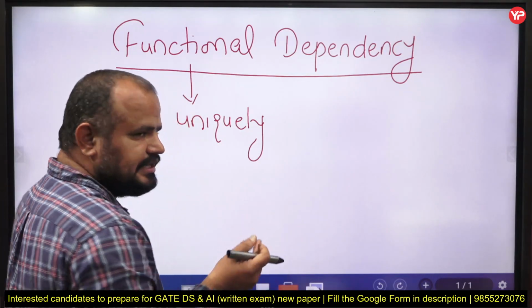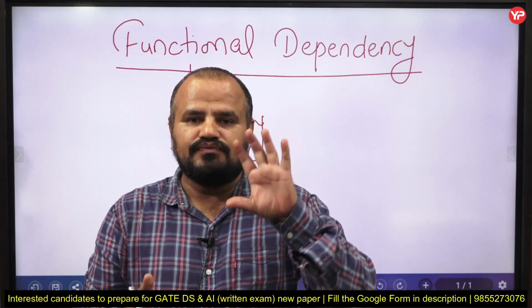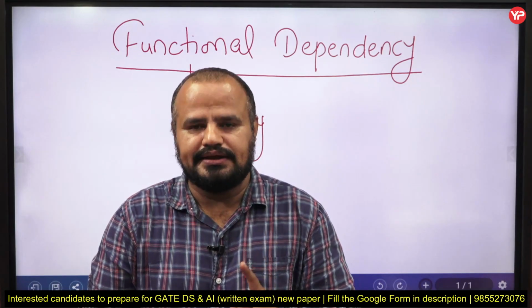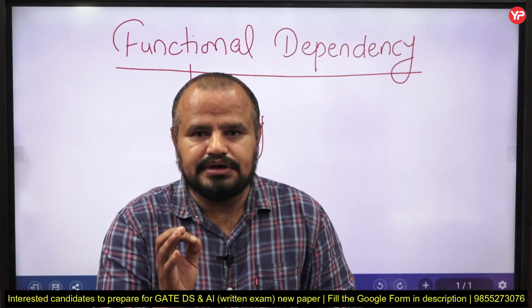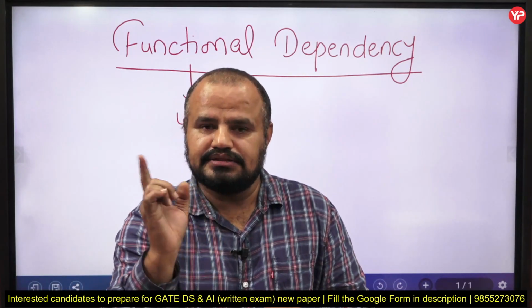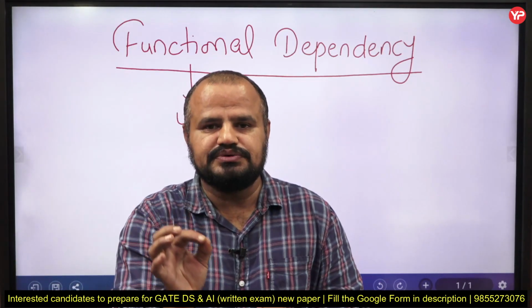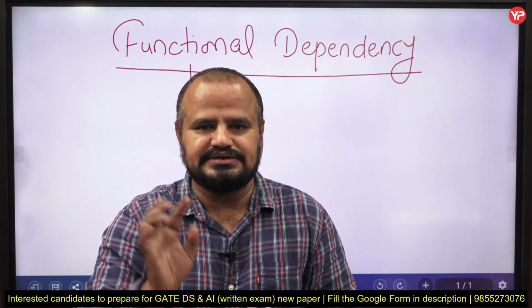Like if I take an example, we know that for every student in the class, roll number is the unique entity, right? So I can say with the roll number I can determine the name, the address of that student, the mobile number, the marks and everything regarding that student.